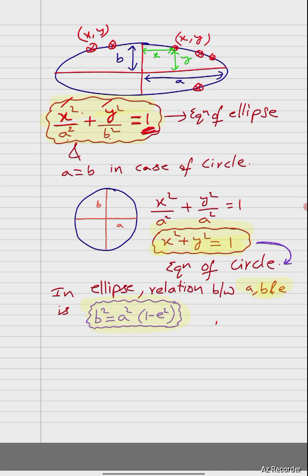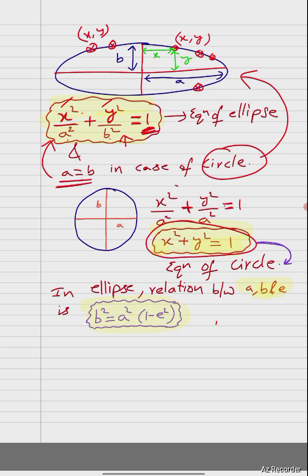Now as we have discussed, circle is a special case of ellipse only. So what is the special case? Suppose a is equal to b in this equation. If you simplify this equation, it becomes x square plus y square is equal to a square, where a is the radius of the circle.